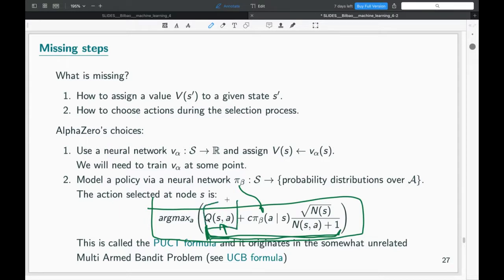So this term in here is just telling you choose the action with the highest value. So here you are being greedy. And then this is a term that is made so that if there's some action that you have not taken too many times, then this term in here will favor the action.